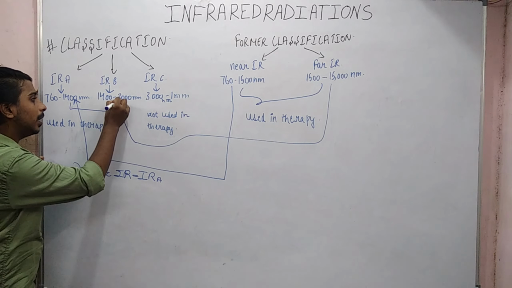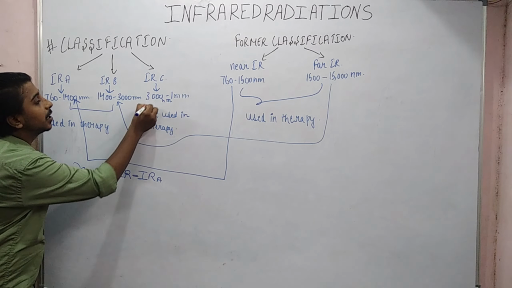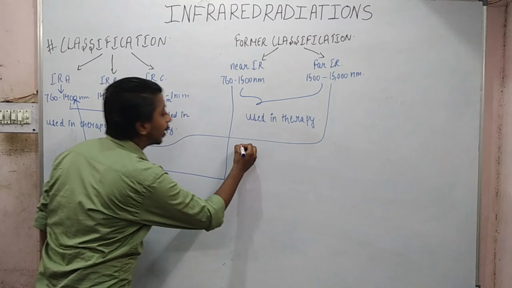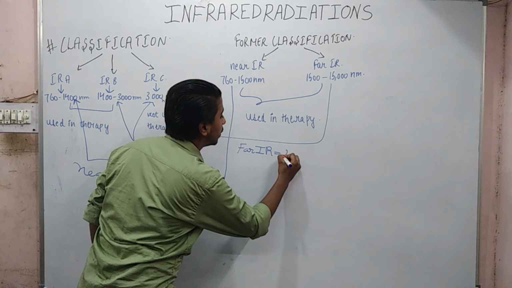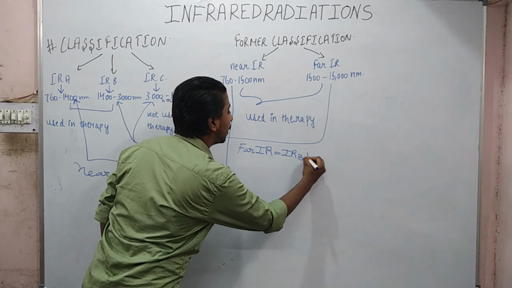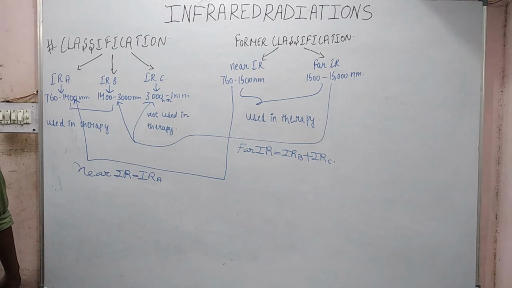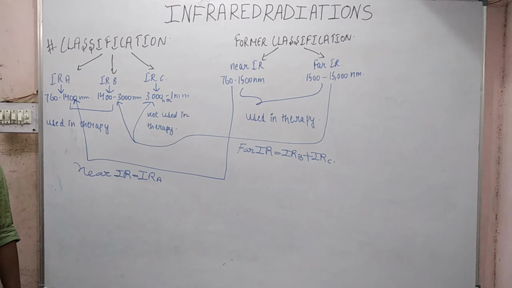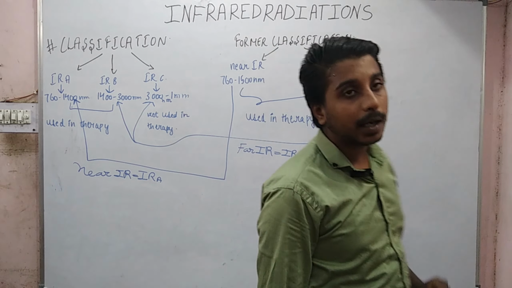that IRB is included, and along with IRB, the initial part of IRC is also included in the far IR. So you can write that far IR is equal to IRB plus IRC, and keep in mind that only the initial part of IRC is included in the far IR.